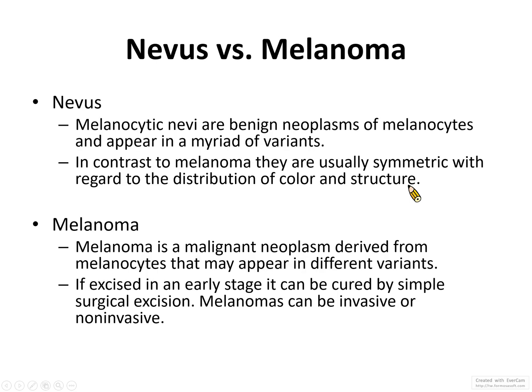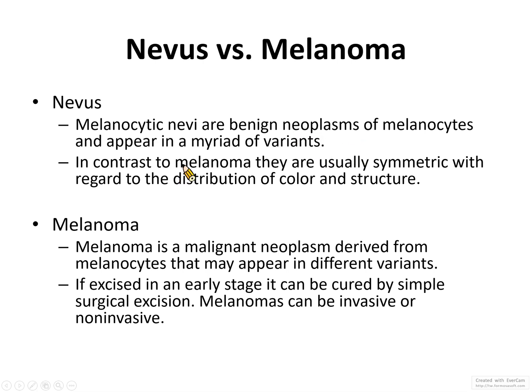So I just want to give you a little background about nevus versus melanoma. Both are pigmented skin lesions, and in the case of nevus, the melanocytes are just benign neoplasms and appear in a myriad of variants, meaning that it has a very high rate of variation in shape and colors.